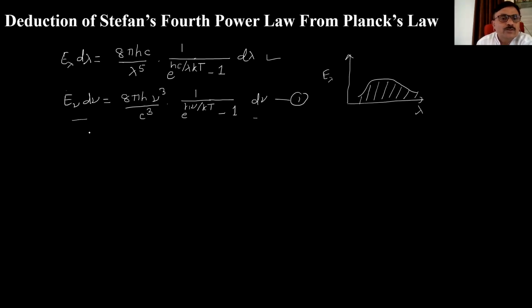So in order to calculate the total energy density consisting of all wavelengths or frequencies, we have to integrate this equation, and that radiation density will be given as E is equal to integration over all the frequencies, using the value of E nu as 8 pi h nu cube divided by c cube into 1 upon e raised to h nu divided by kT minus 1 into this d nu.